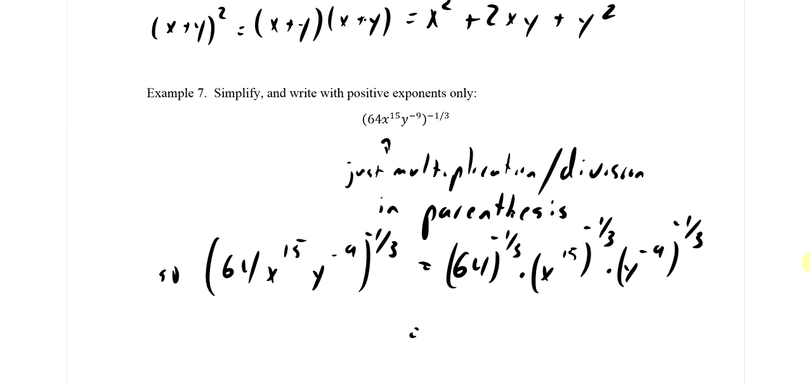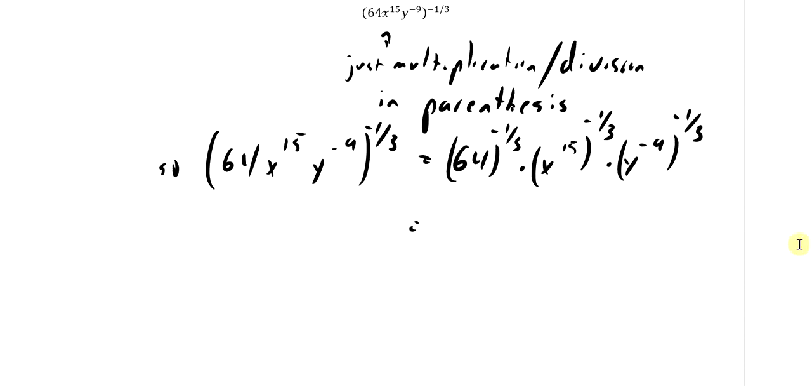And so what does it mean to raise something that's already raised to a power? Well, x to the 15th to the minus 1/3, you multiply these two together and you get x to the minus 5. And for y to the minus 9 to the minus 1/3, you multiply the minus 1/3 times minus 9, that gives you a 3.